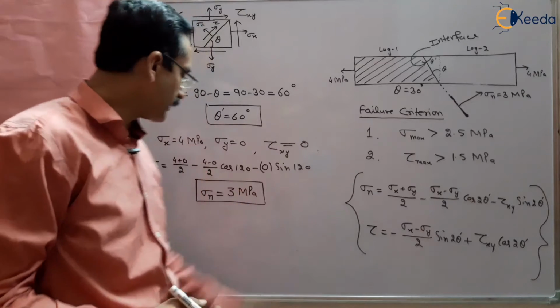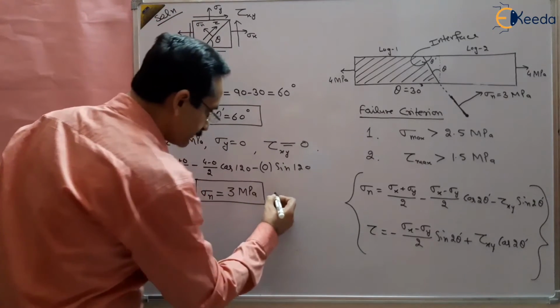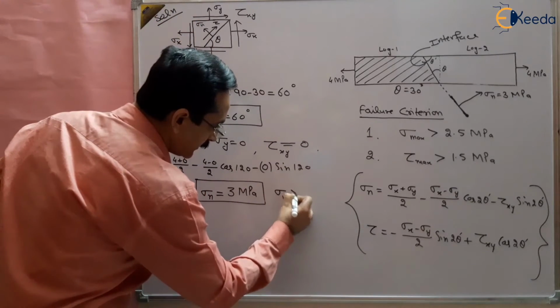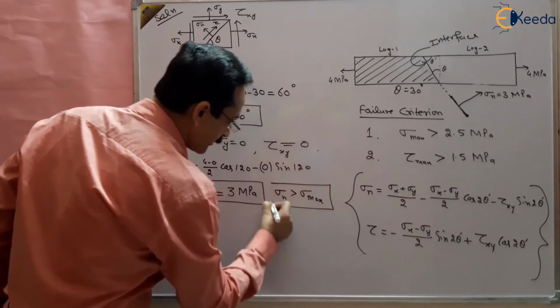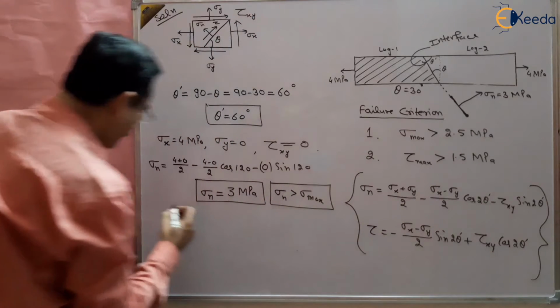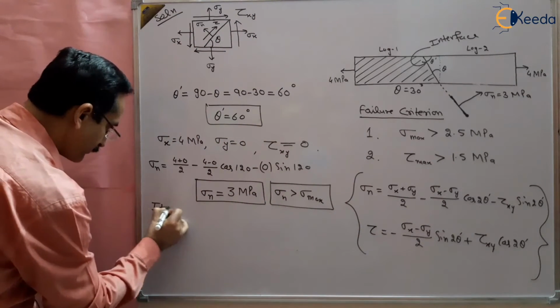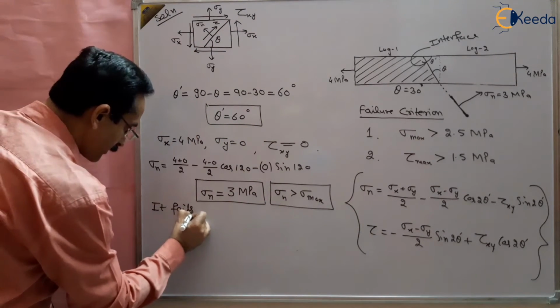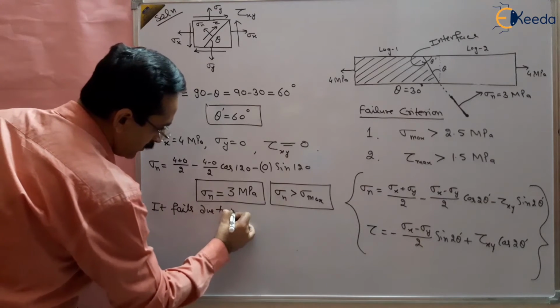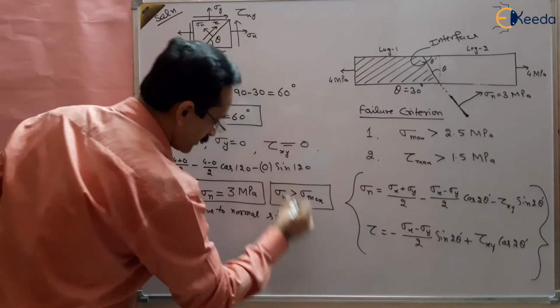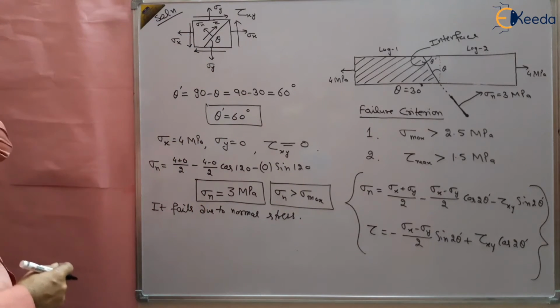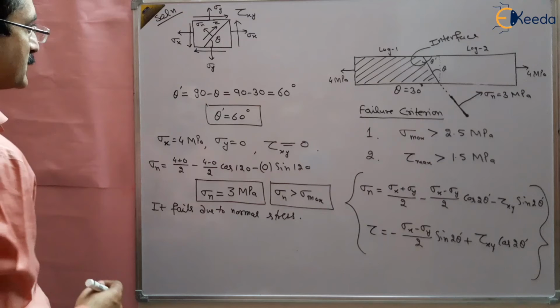First we have checked that sigma n is greater than sigma max, which is 2.5 megapascal. So it fails due to normal stress.